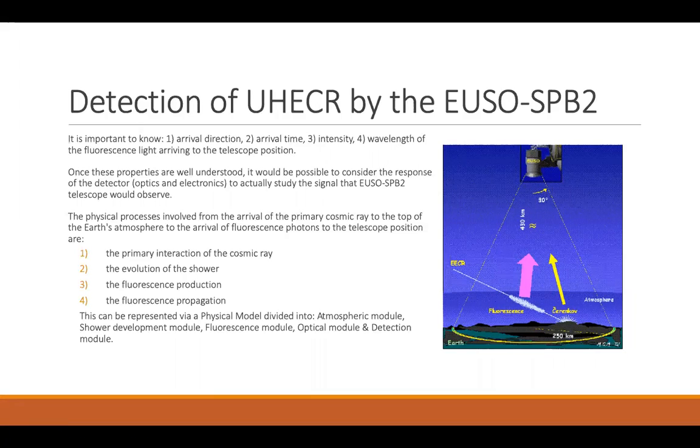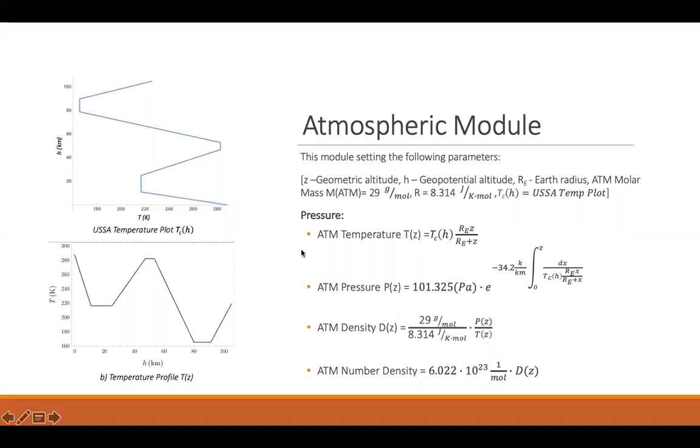So the physical model that we developed is divided into these modules. And the atmospheric one involved most of the calculation work out of any other one. Basically, it sets up the Earth as a geometric system, and based on that, you can set up the geometric altitude and the geopotential altitude, and then from that, you can have these parameters set based on the well-known equations from other research papers.